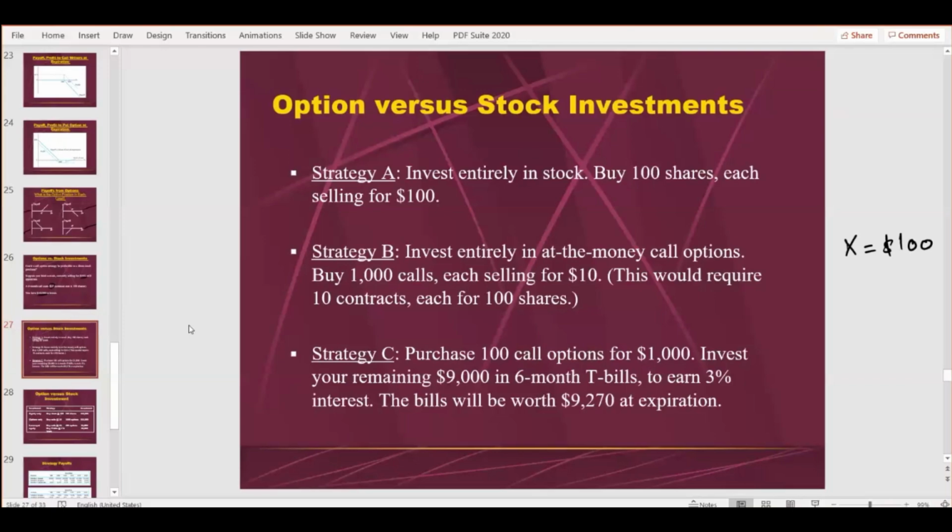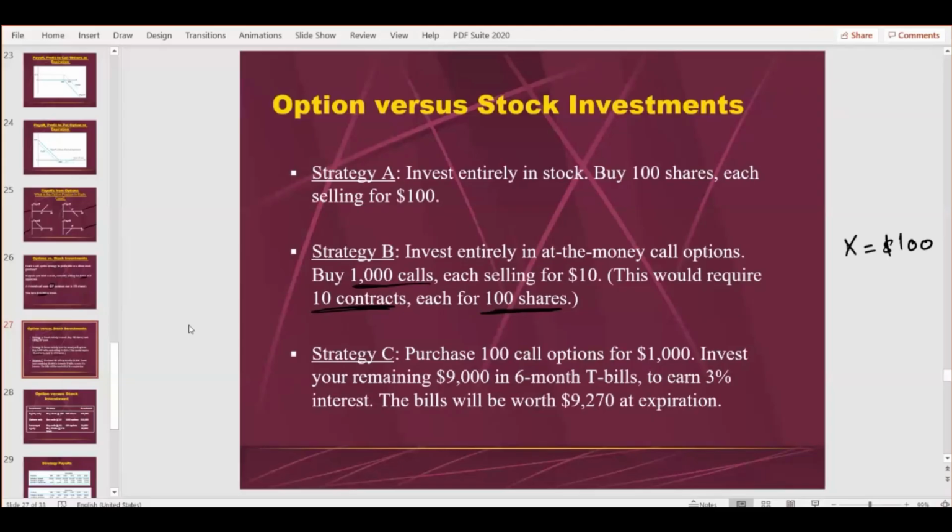So I buy 1,000 call options, each selling for $10. Mainly I'm buying 10 contracts because each contract covers 100 shares. So in total, I will have the right to buy 1,000 shares at a price of $100 each.